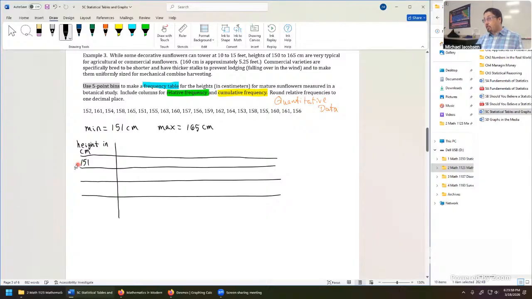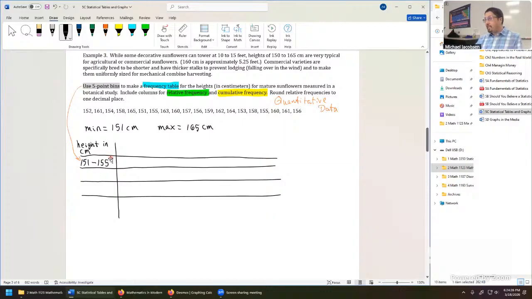That means this category is going to go from 151 centimeters to, well, if we're doing 5-point bins, this is 1 point already, 151, 152, 3, 4, 5. We end at 155. So now this is the 5-point bins being expressed in that category. Then we just move on to the next category.